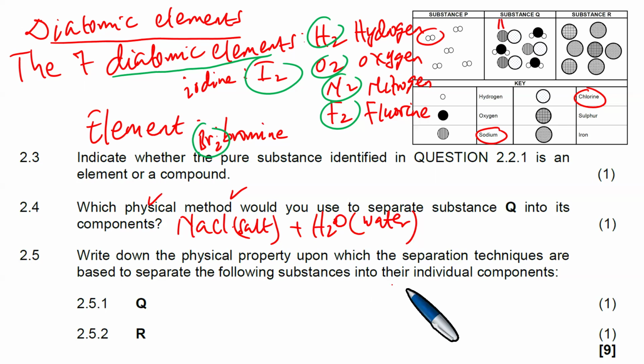In 2.4, you use what we call evaporation. Evaporation is also seen in the sea. If you go to the sea and you see that the water is salty. If you go to Durban or Cape Town, our Gauteng province is an inland province, but if you go there, you will realize that the salt is left when the seawater evaporates, and people are able to harvest the salt.